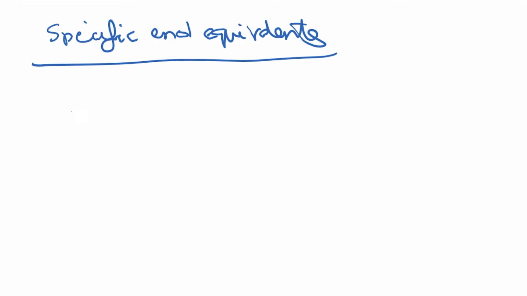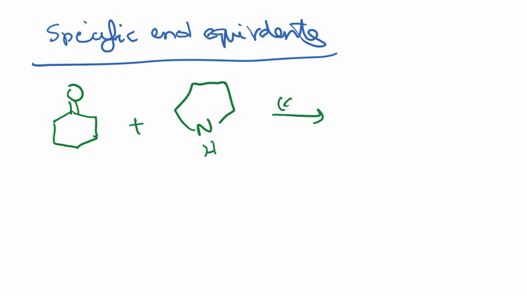So we already know that, let's say you take, this is just an example, cyclohexanone and you add a secondary amine in the presence of catalytic H plus. We've already looked through the arrow pushing mechanism for the formation of such enamines, so I'm not going to repeat it.